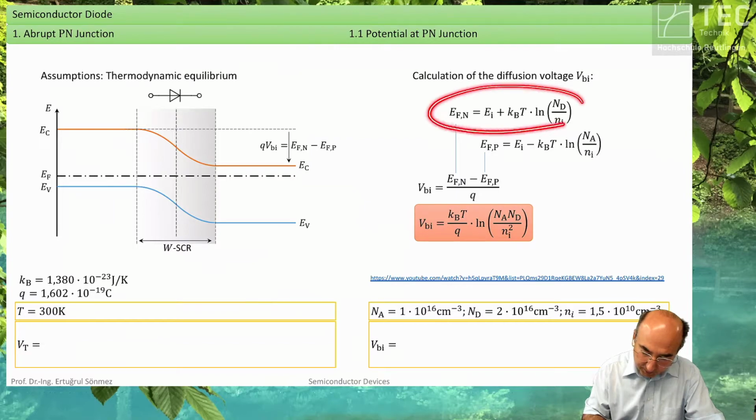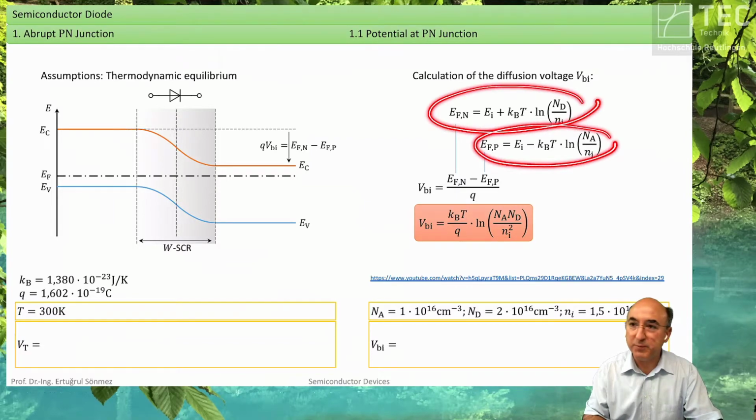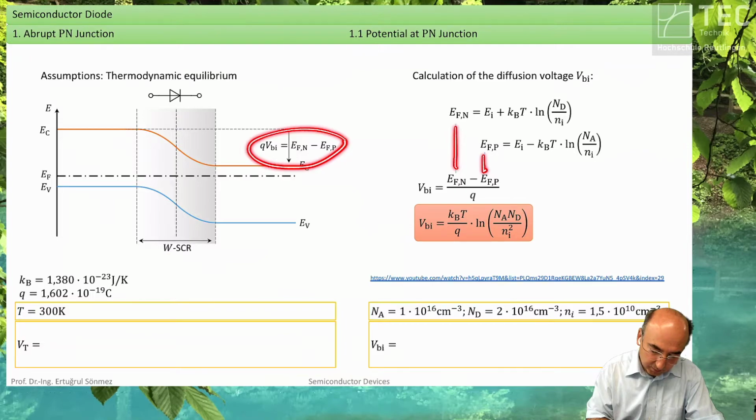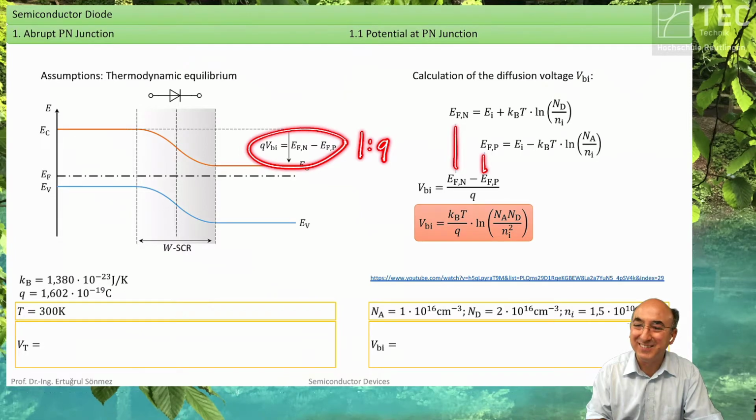So I have copied these equations from this table and inserted them into this equation after the division by Q. So we have the built-in voltage on the left-hand side and the Fermi level of the n-type minus the Fermi level of the p-type divided by Q.